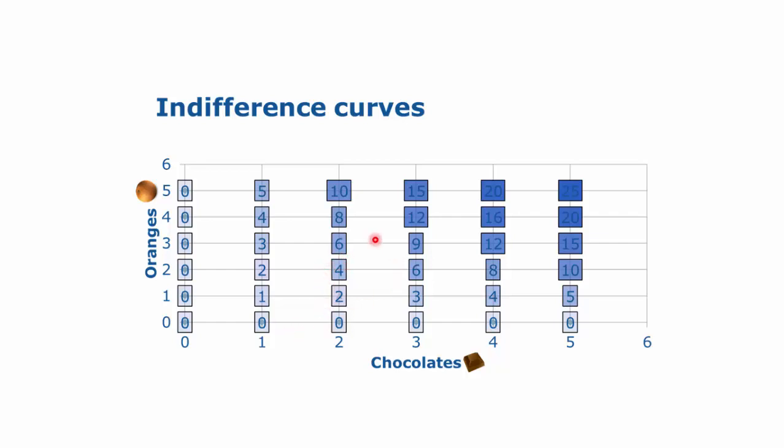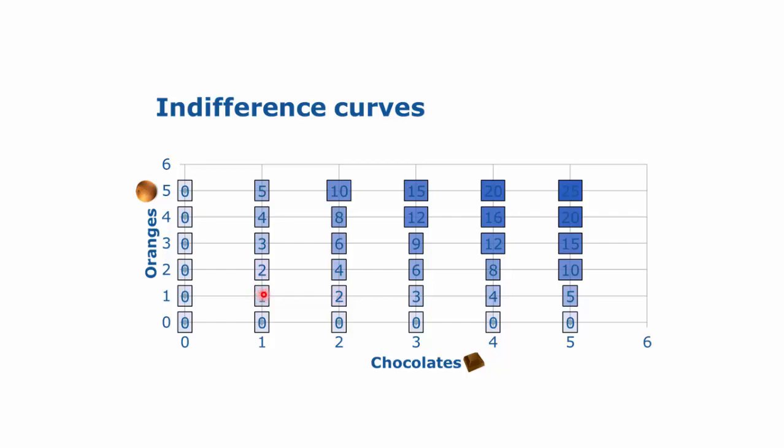So let's take a look. That's what I've done right here. You see this bundle right here? This bundle contains 1 chocolate bar and 1 orange. And apparently, according to this graph, this bundle makes me happy 1. Now what is 1? Well, 1 is 1 util. What does 1 util mean?